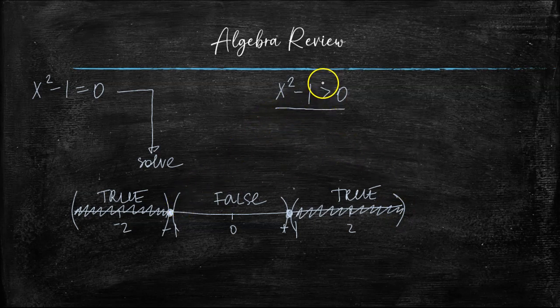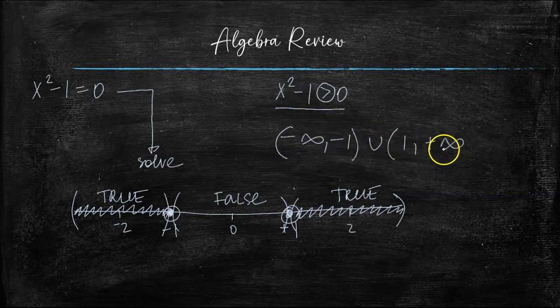Well, the boundary points are analyzed separately, and it depends mainly on the domain of this inequality and whether the inequality is strict or not strict. So in this case, it's not strict, so I would have to exclude these points from the solution. So the final answer to this inequality will be from -infinity to -1, and from 1 to infinity.